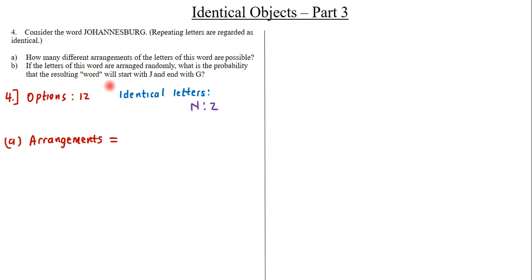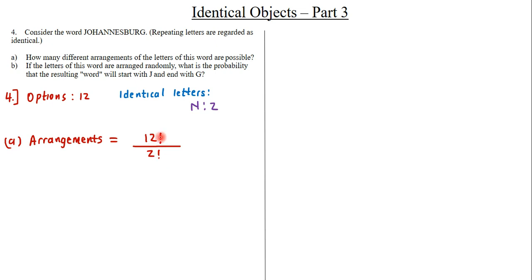But in this case it is different because you have letters that are identical. So you still take the first part that we did, which is 12 factorial, but now you divide this by the letters that were identical. Here we had two N's, so I'll say 2 factorial.